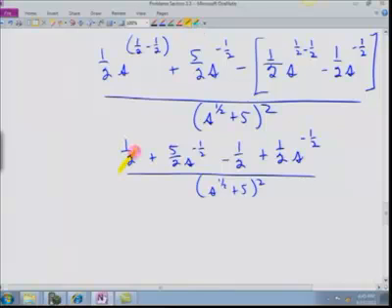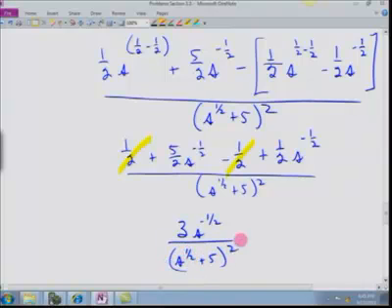Okay, so we got this, and what happens here? These are exactly the same, so 5/2 plus 1/2 is 3. Okay, so 3S to the negative 1/2 over S to the 1/2 plus 5 squared. And then what?